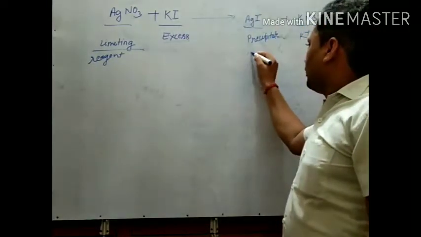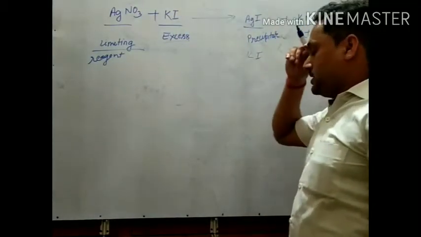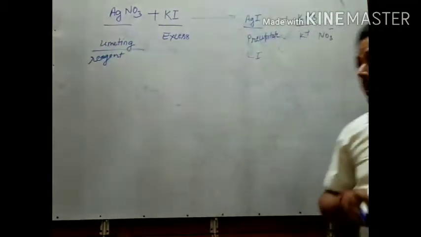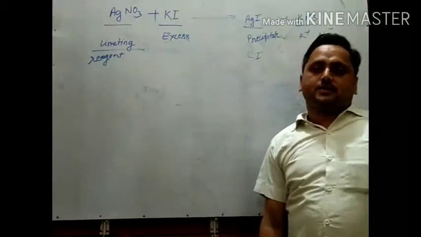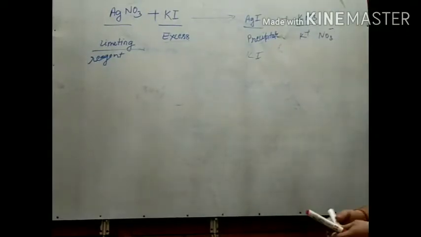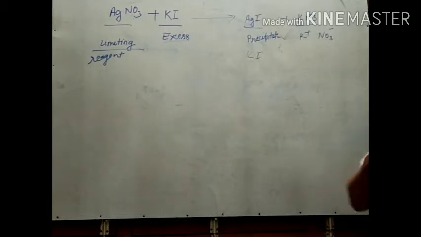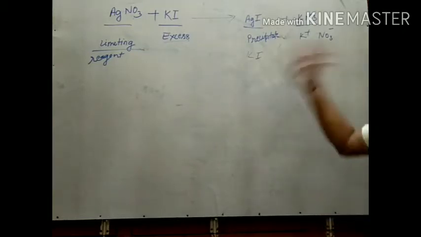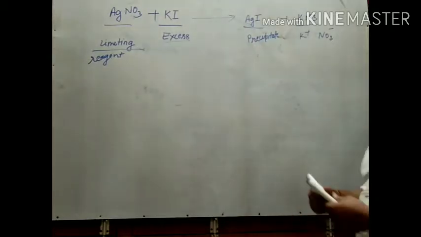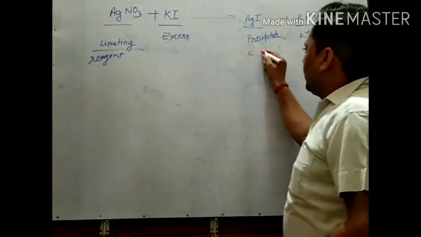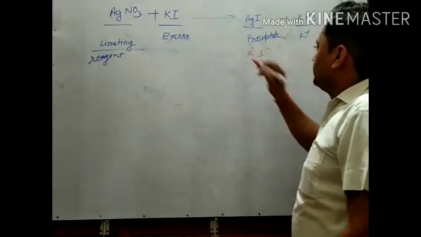Here, potassium iodide is remaining because we have taken the potassium iodide in excess amount. Some amount of potassium iodide is remaining, and potassium iodide ionizes like this, K plus and I minus.